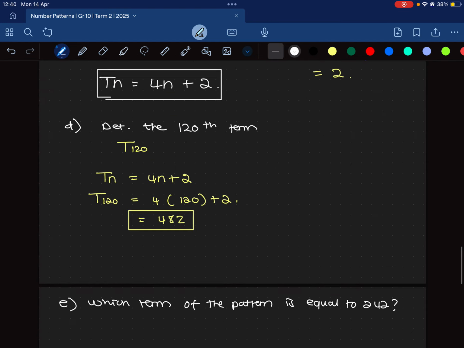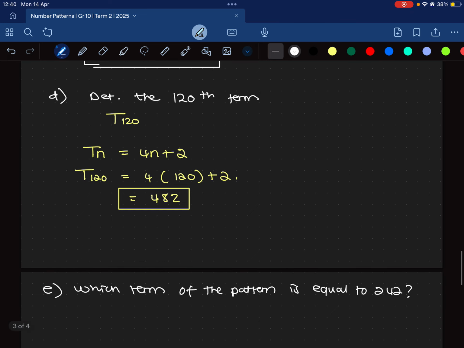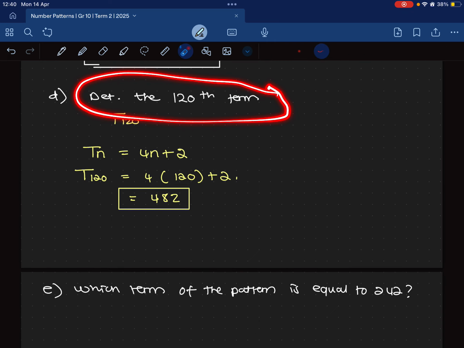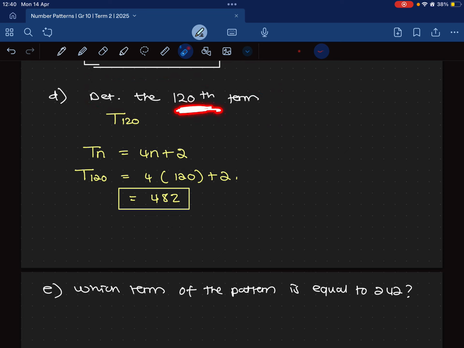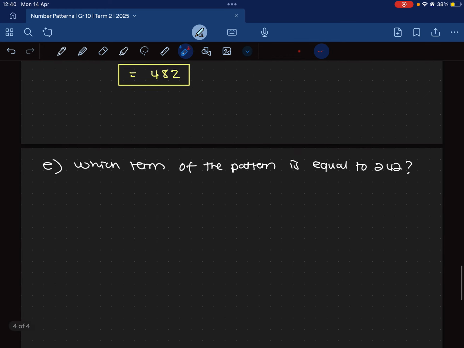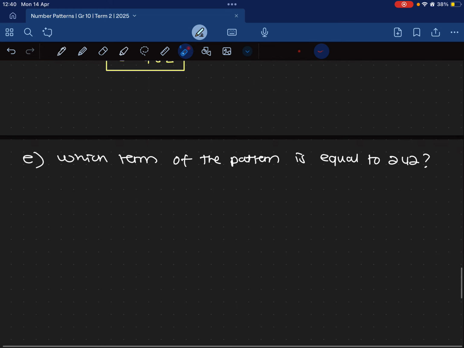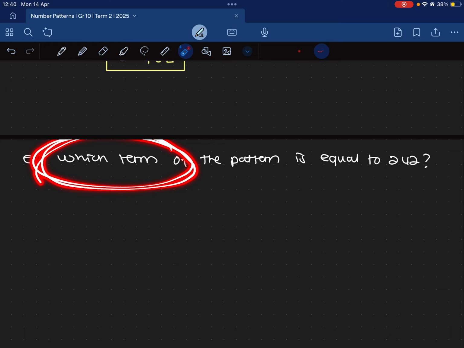So this is going to be different than D. Notice that D, did they tell you what term you needed to find? Yes, they did. They said they wanted the 120th term. But if I look at this question, it says, do I know which term they want to find? No, because they have specifically asked me which term.